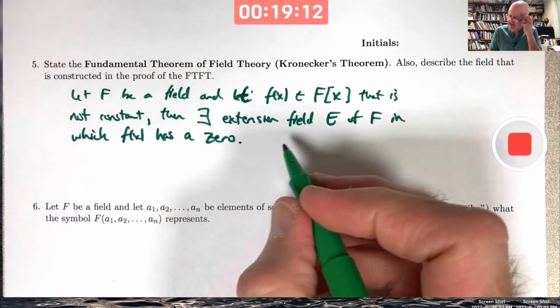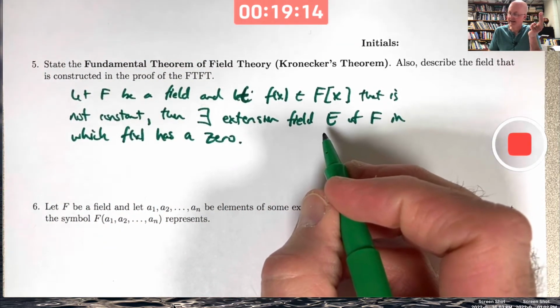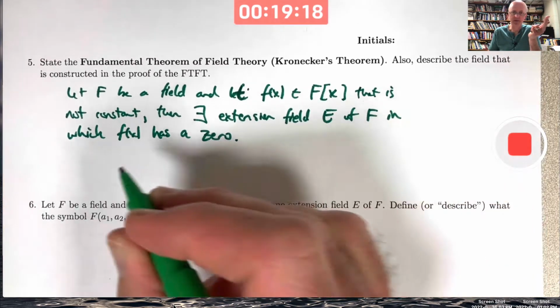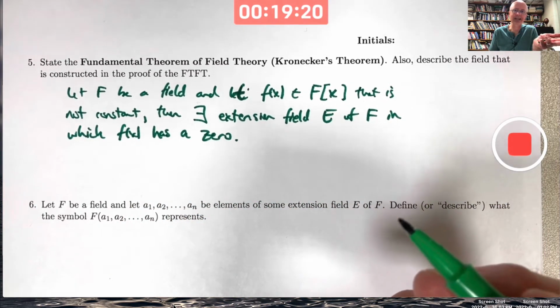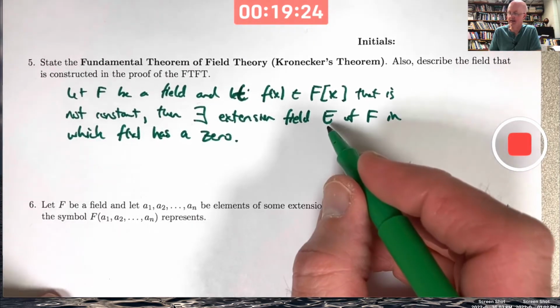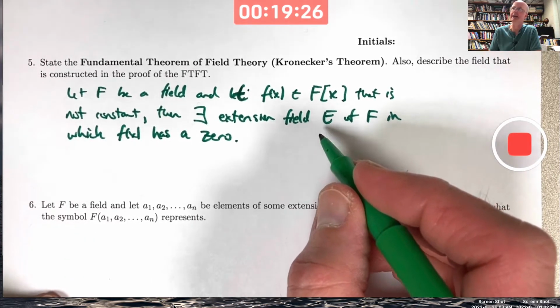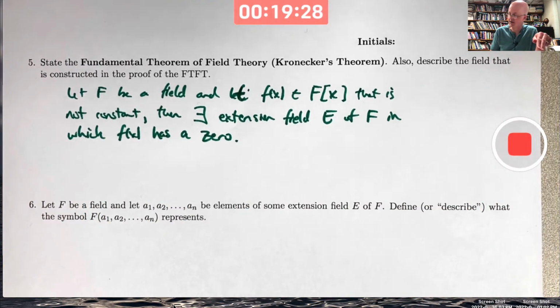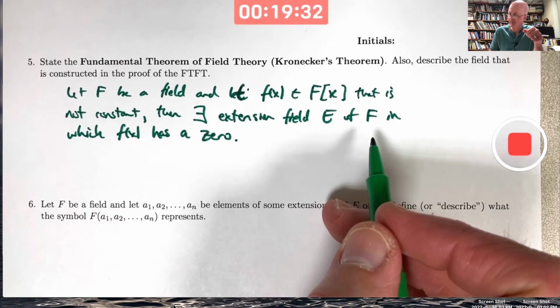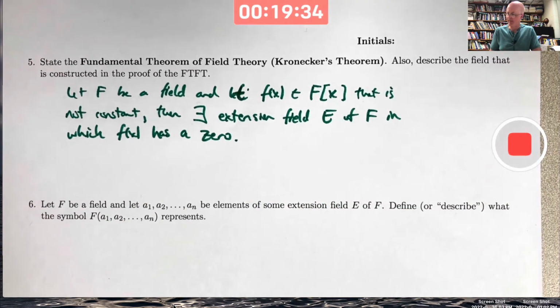Having a 0 means for that element, call it little a in capital E, f of a equals 0 when you replace x, the variable, or the indeterminate, with the element little a from E, and do the corresponding operations that have coefficients from f, you get 0. Okay? So that's the statement.